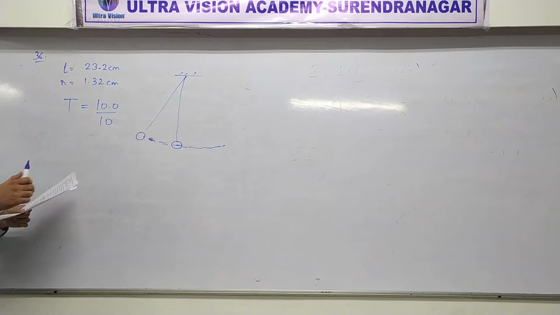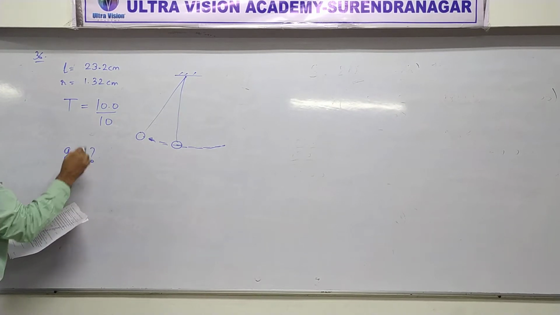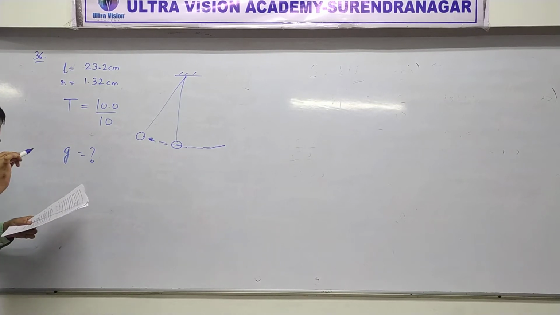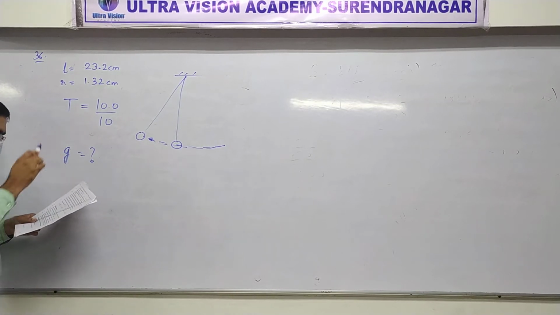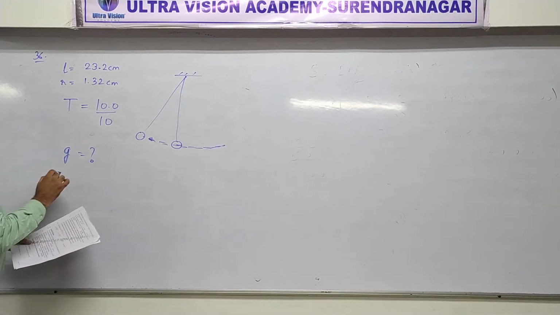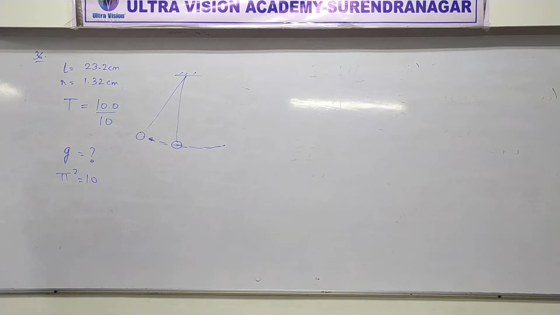Then estimate the value of G. We have to find out what will be the value of G if we are given all this data, in proper significant figures, and we can use pi square is equal to 10 wherever it is required.